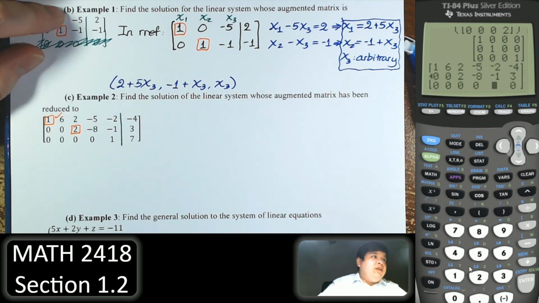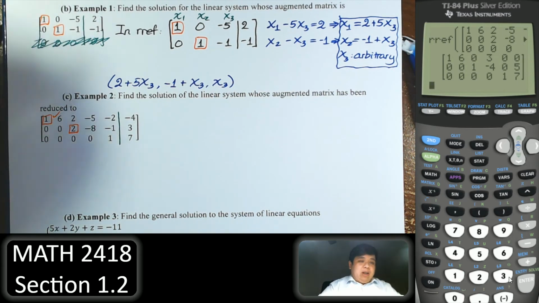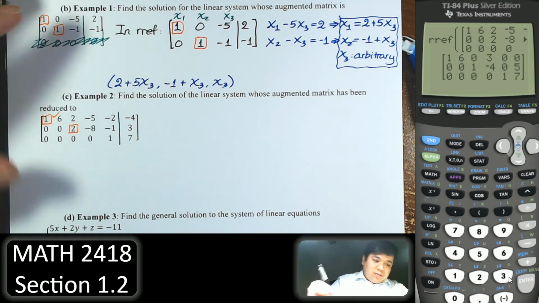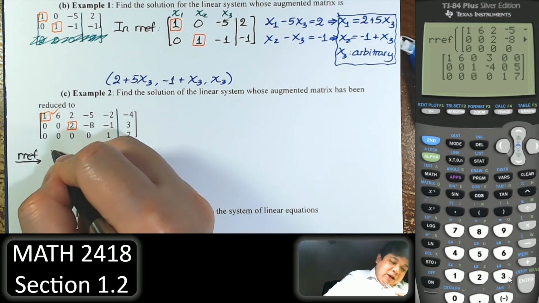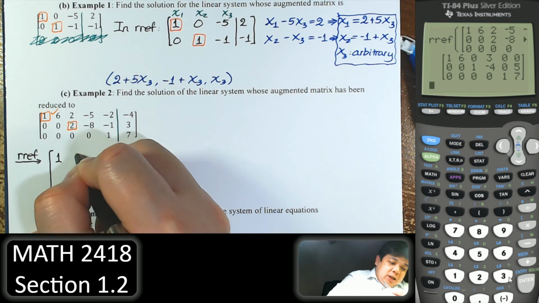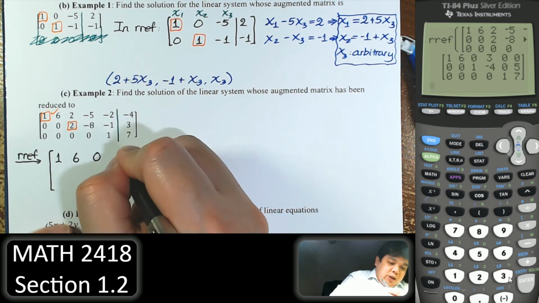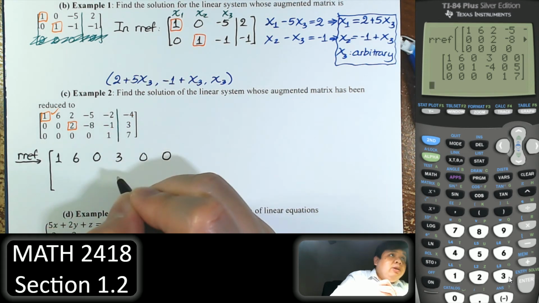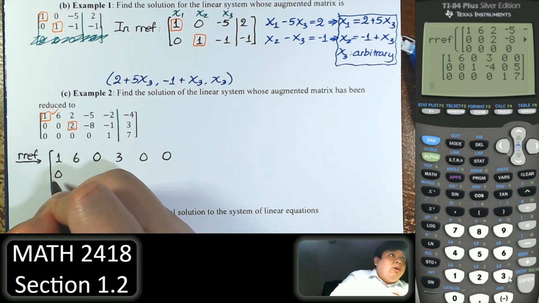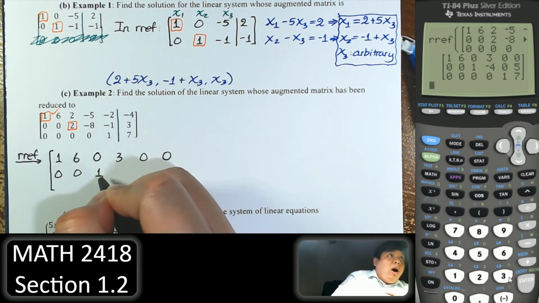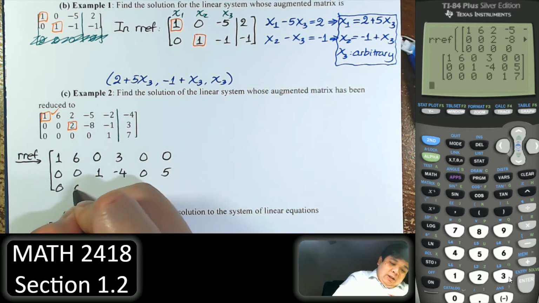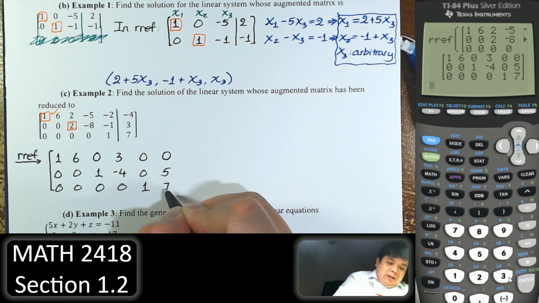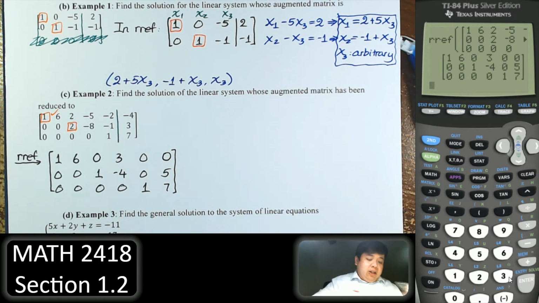And just 1, 7. So after we do reduced row echelon form, we'll have the matrix 1, 6, 0, 3, 0, 0, 0, 0, 1, negative 4, 0, 5, and 0, 0, 0, 0, 1, 7. Right. This is the augmented matrix.